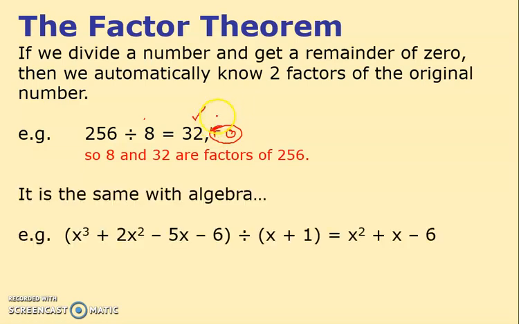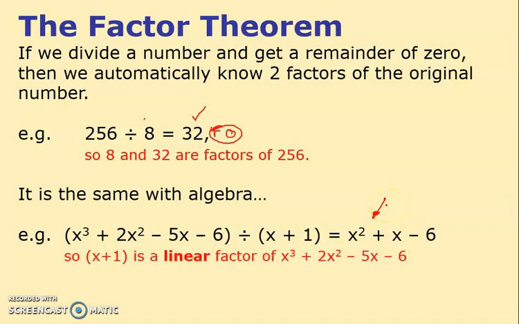So with algebra, notice this, I'm telling you that x cubed plus 2x squared minus 5x minus 6, if I divide that by x plus 1, I get this. Now, who would want to do that? But that, I'm telling you, is the answer. And based on that, I can say that I have a linear factor. The linear factor is the x plus 1. You'll notice I divided by x plus 1, so that is a factor. I'm describing it as a linear factor.